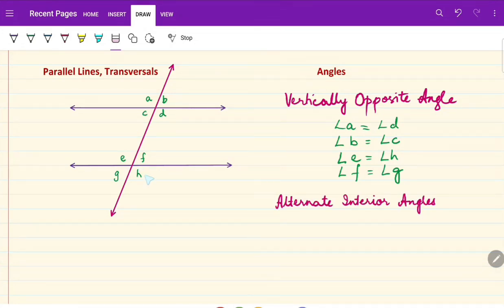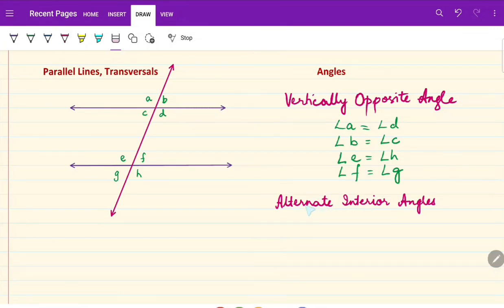Now we learn about a special set of angles formed by parallel lines and transversals called the alternate interior angles. So first I'm going to identify the interior angles in this figure, and then we will identify the special alternate interior angles. So interior angles are the angles that are within the two parallel lines, inside of the two parallel lines, therefore interior.